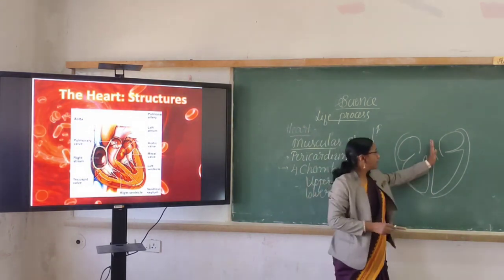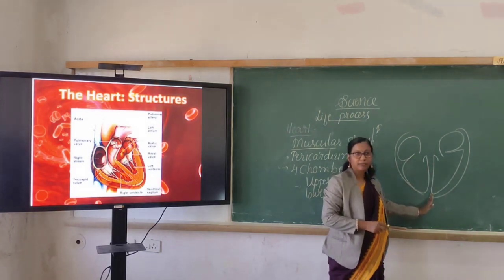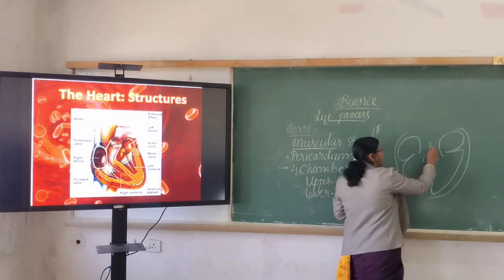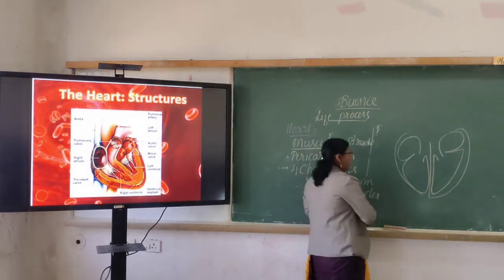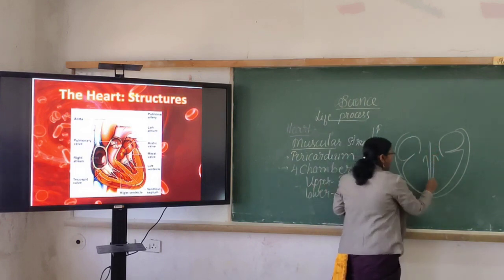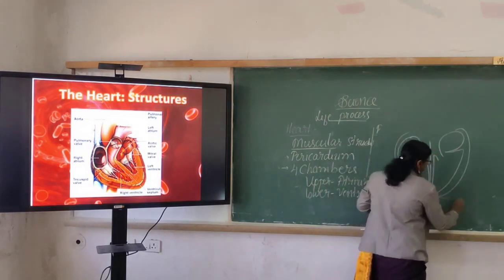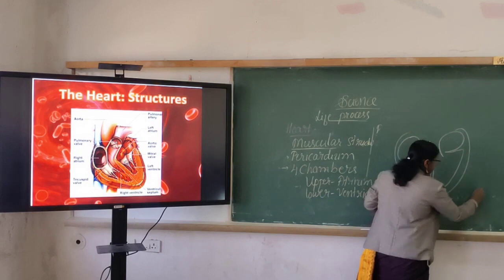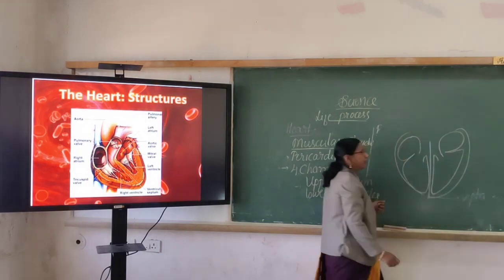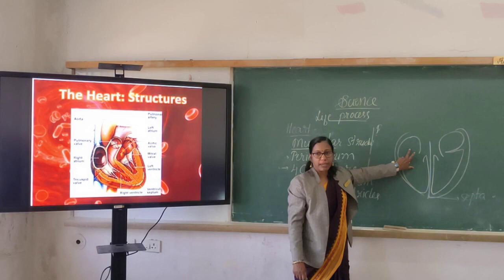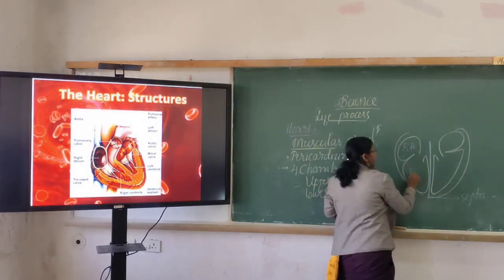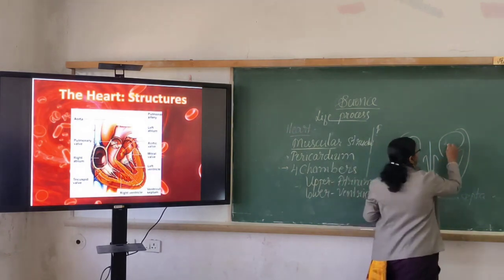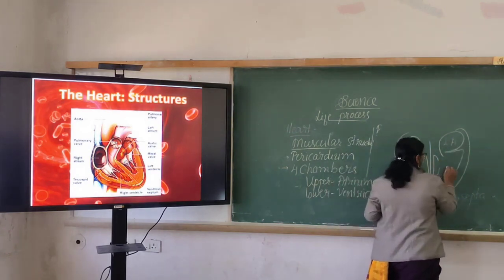At the same time, the right chamber is separated from the left chamber with the help of a layer called septa. These are called right atrium, right ventricle, left atrium and left ventricle.